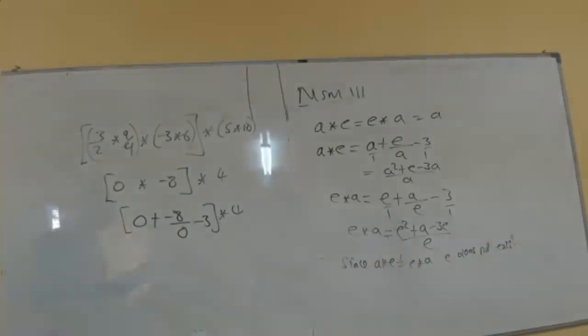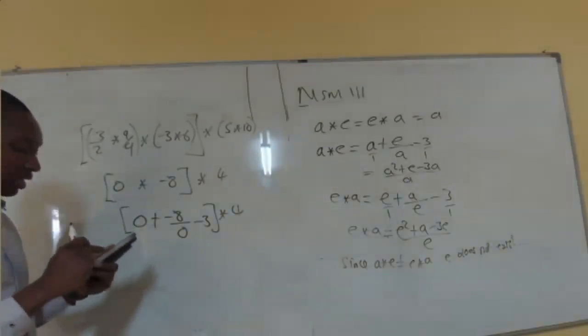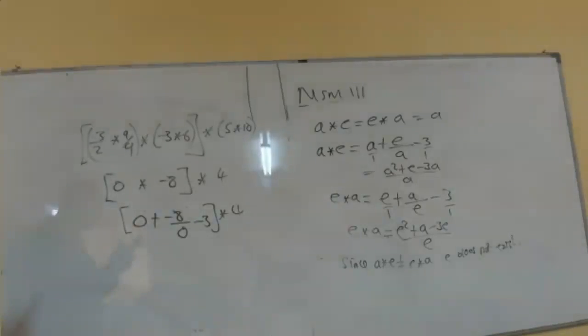Okay, so the next question says, we're done with that. So that's how you prove it: if it doesn't have an identity, it doesn't actually have an inverse either.